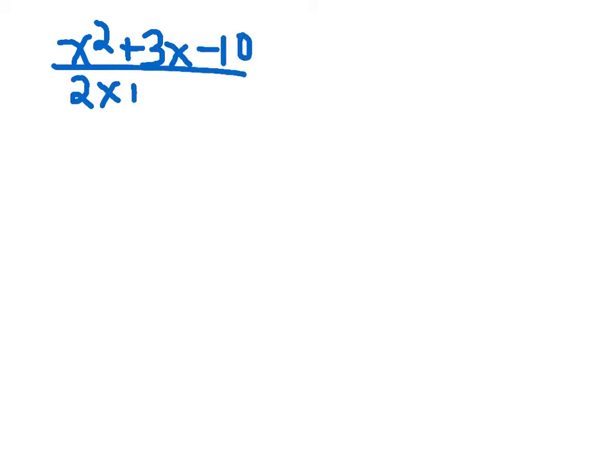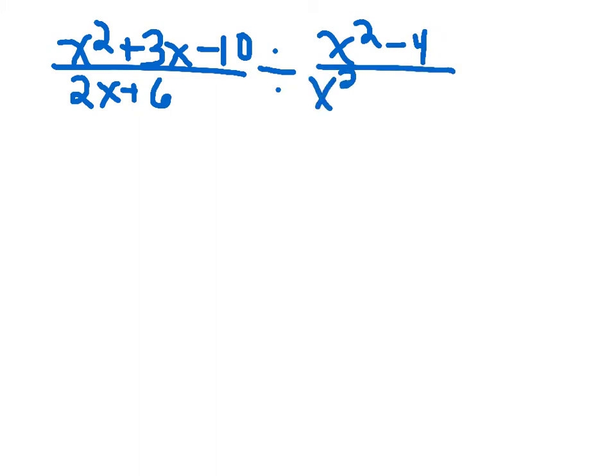Do a second example. (x squared plus 3x minus 10) over (2x plus 6) divided by (x squared minus 4) over (x squared minus x minus 12). These problems are really easy if you remember all your factoring.